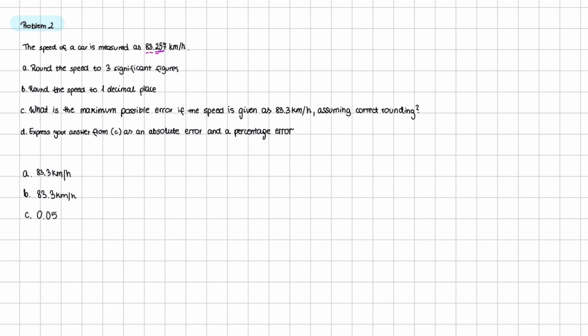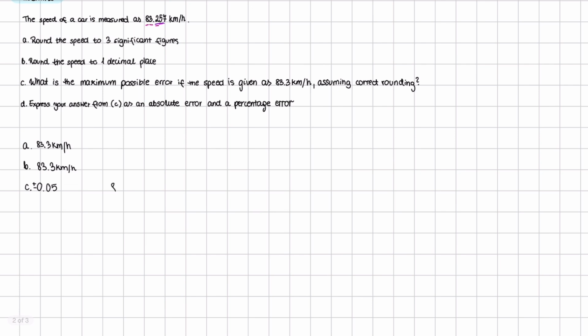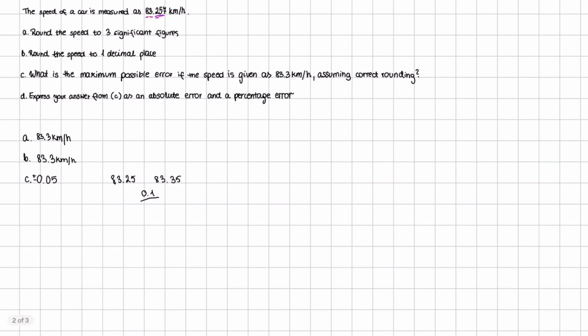So the maximum error is 0.05, and always plus or minus, because between 83.25 and 83.35, the difference is 0.1, and maximum error is always half of this, so half of the difference between those numbers.